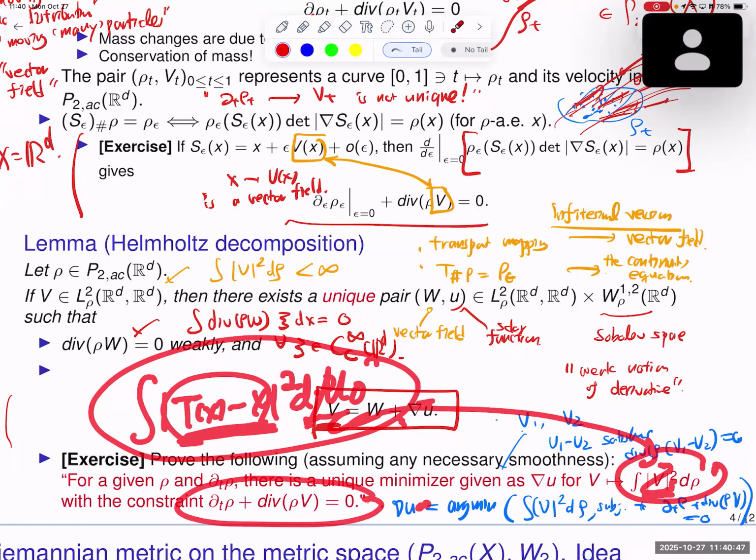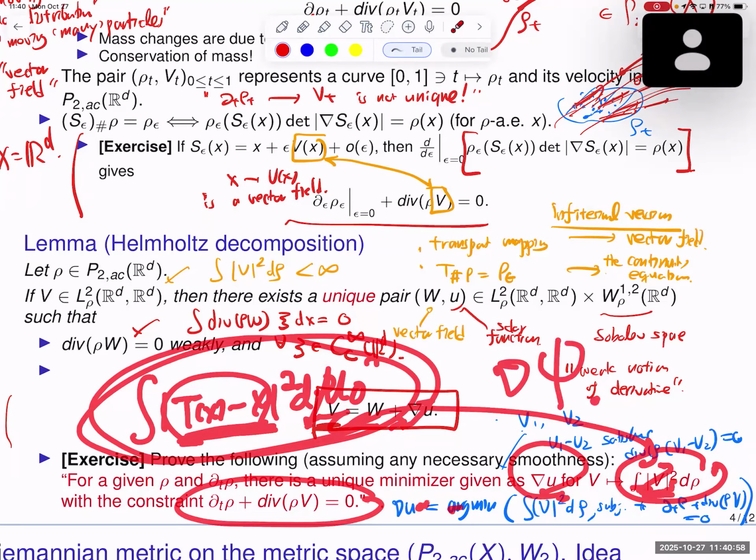Then why should such a minimizer be given as a gradient of some function? It's just because optimal transport is given by the gradient of some convex function, right? Brenier's theorem. So the minimizer of this infinitesimal version should be given by some kind of infinitesimal version of this gradient of psi corresponding to T(x) minus x.